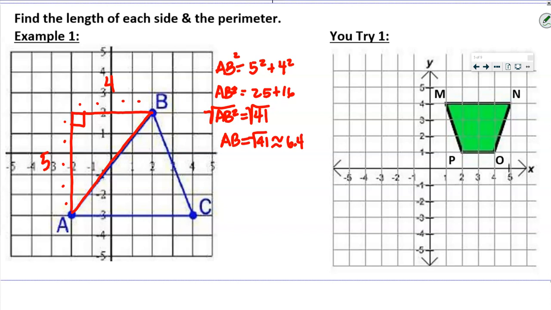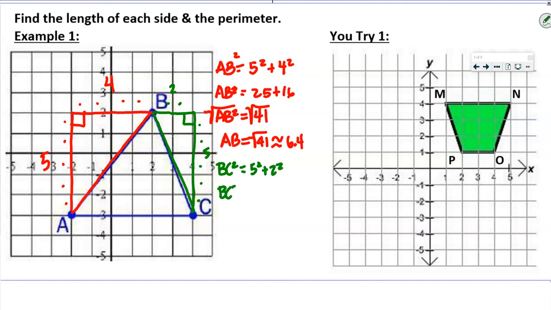Now we're going to find the length of BC over here, okay? So to do that, I'm going to go up again and over to create my right angle again. So again, BC is going to be my hypotenuse, right? So we're going to do BC squared. Now let's count this 1, 2, 3, 4, 5, and 1, 2. So this is going to be equal to 5 squared plus 2 squared.